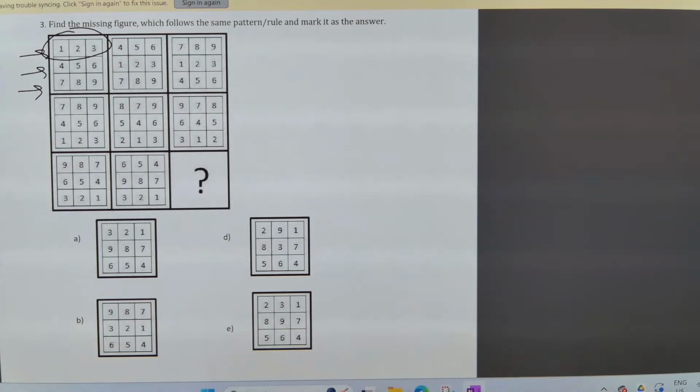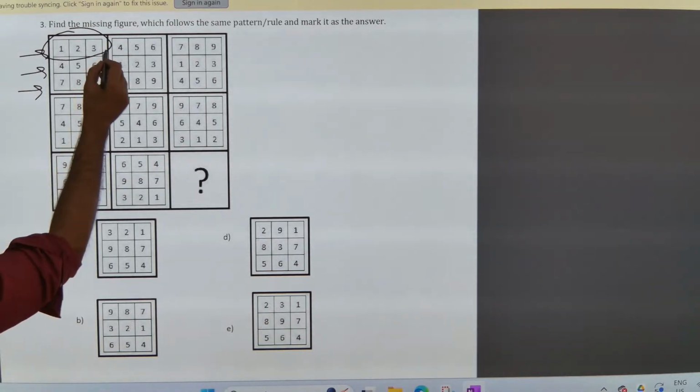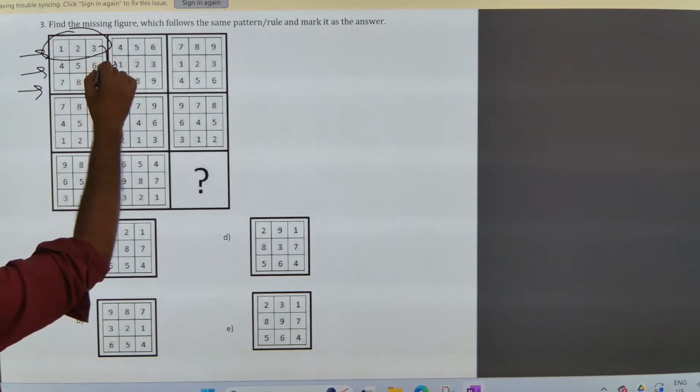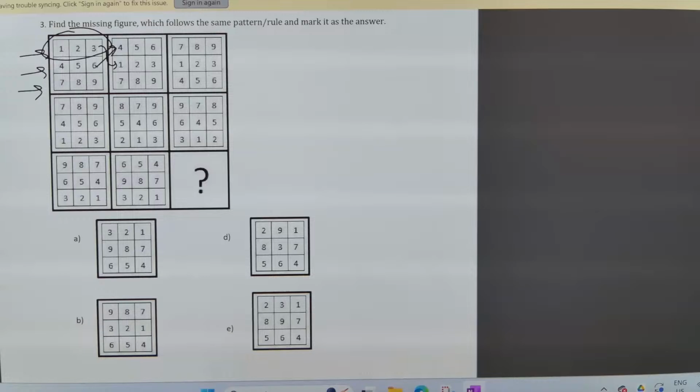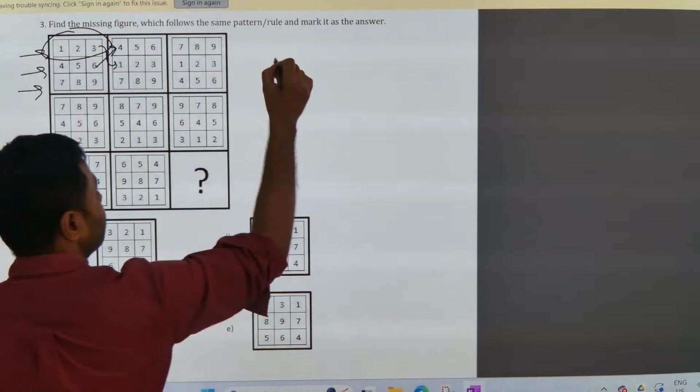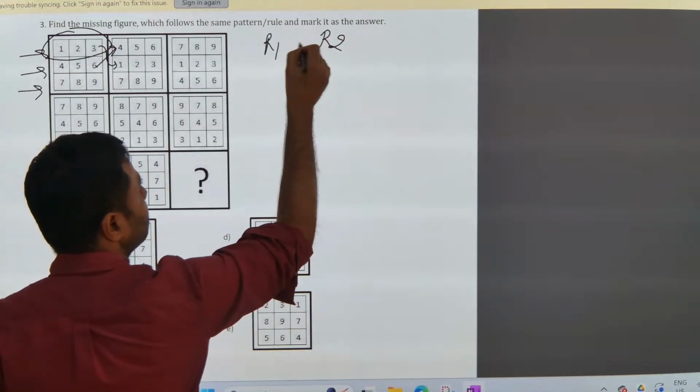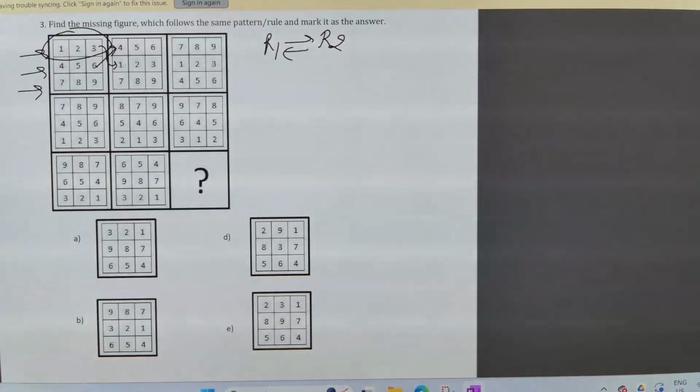We cannot split this row. So this 1, 2, 3 row goes to this position. So first row shifts to second, and second row shifts to first. 4, 5, 6 goes to first, right? So first and second interchange. First row, R1 and R2, they interchange.